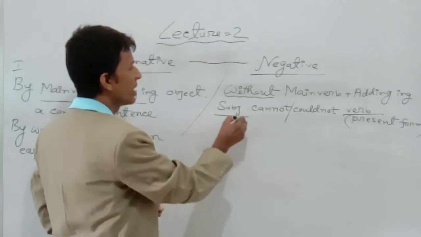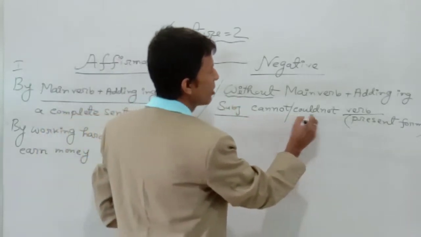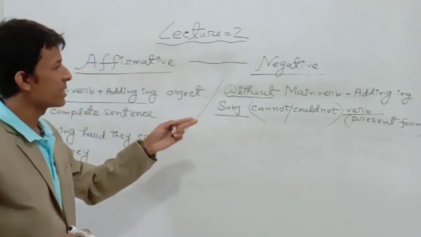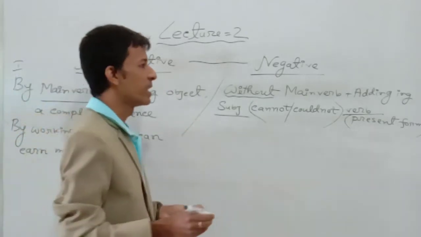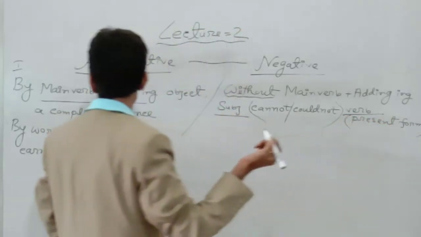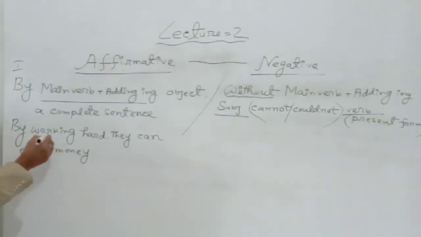After that you will write subjective case, then cannot or could not, chosen according to the rule that I have already mentioned, and at last verb in the present form. By working hard they can earn money.